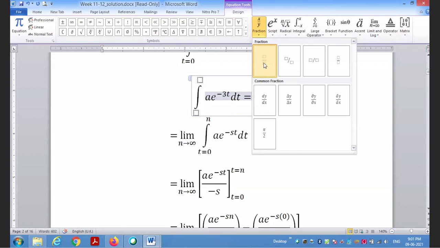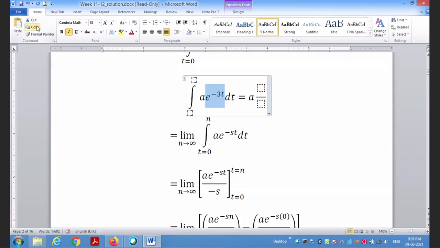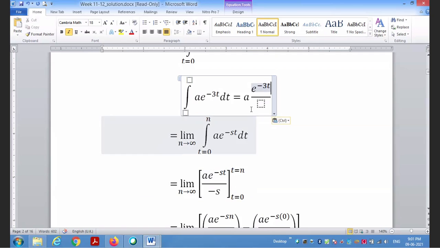Okay, you remain, you tak ubah, you tak tukar. Copy saja. And then yang bawah ni you kena differentiate minus 3t with respect to t. Dapat minus 3, right? Okay.